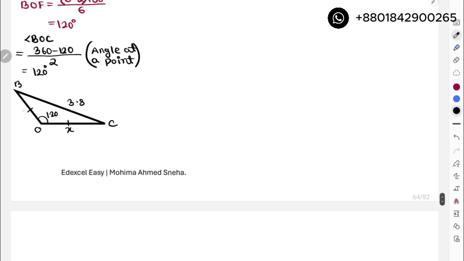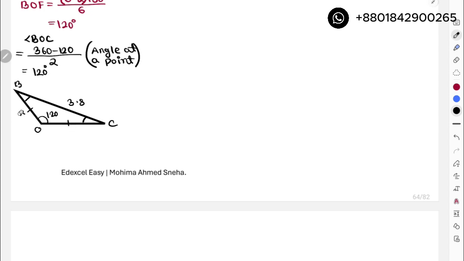So if this is x and x, I can use the cosine rule to find out the value for your x centimeters over here. So for that, or cosine rule or anything else, one minute. No, I cannot use the cosine rule, but I can use the sine rule to easily calculate it. For that, over here again, I would need to calculate these two values. I can understand that angle B and C are going to be equal, right?